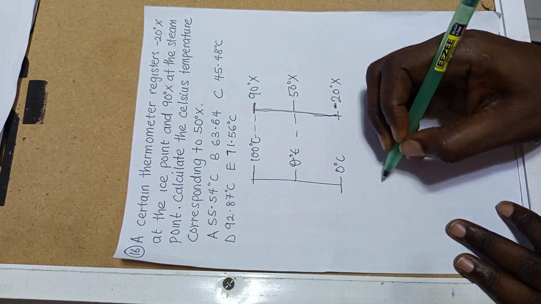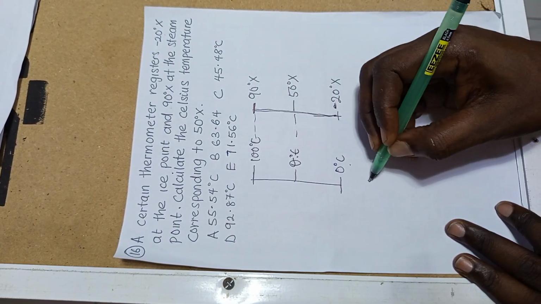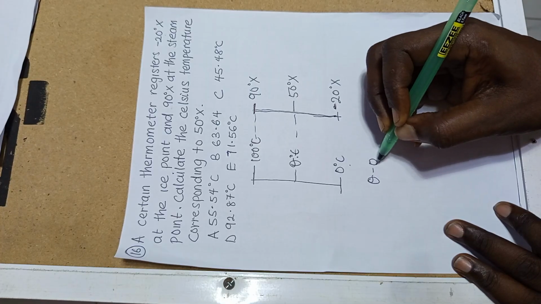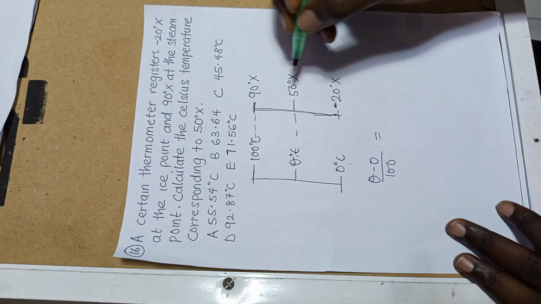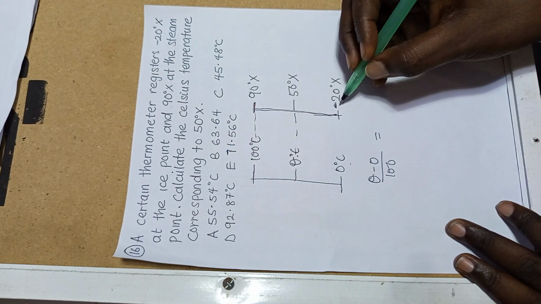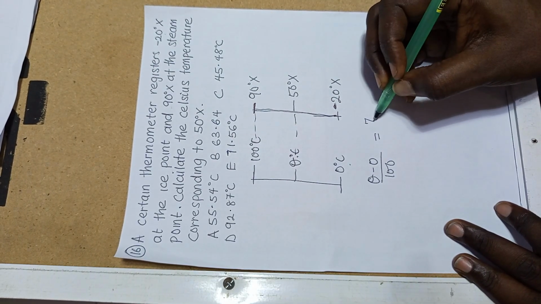So what we want to look for now is theta minus 0 over 100 minus 0, which is 100. For this, 50 minus minus 20 is 70.